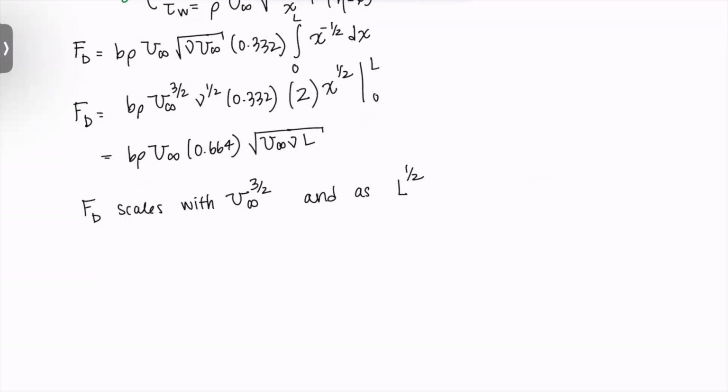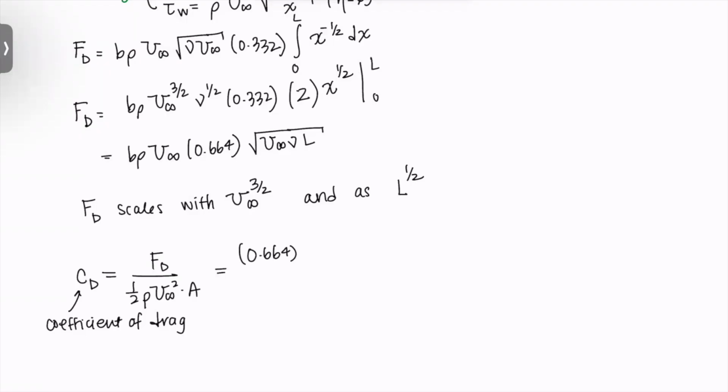Okay. One last thing that I'm going to write here is we can also write the coefficient of drag then for our flat plate as the force of drag divided by 1/2 rho U infinity squared times A, which is, we have our 0.664 times b times U infinity square root of rho U infinity L. Oh wait, and I forgot, hang on.